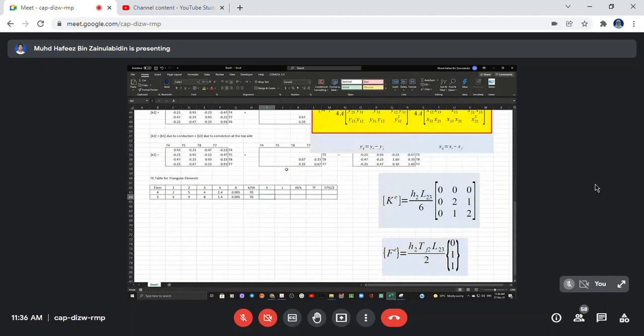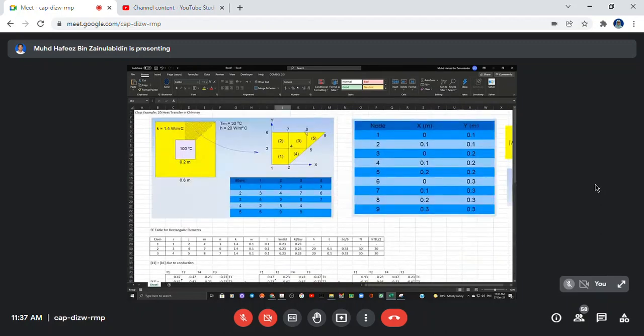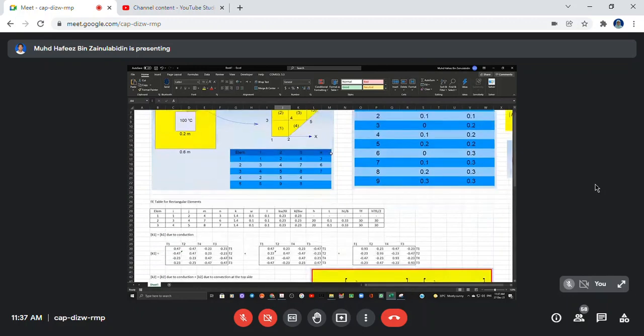Element 5, 20. Actually for element 4 you don't have to calculate this. Okay, L, length, 98. This length here exposed to the surrounding is 0.1.